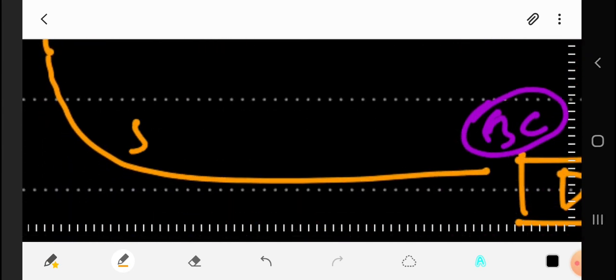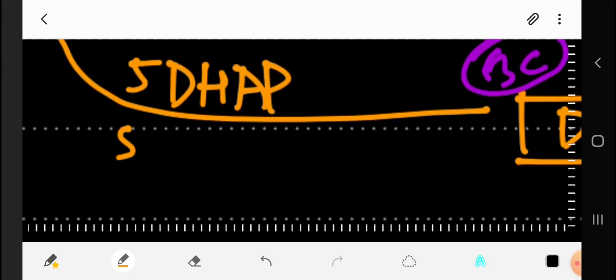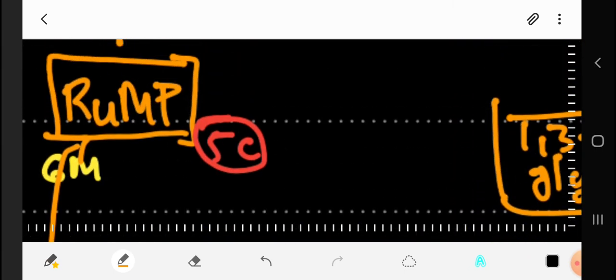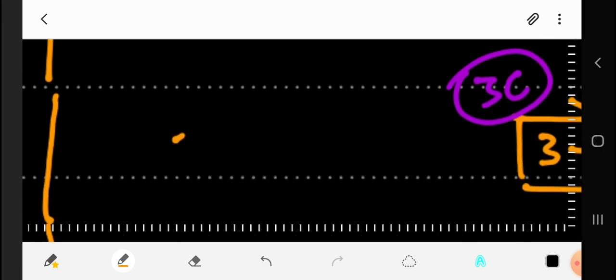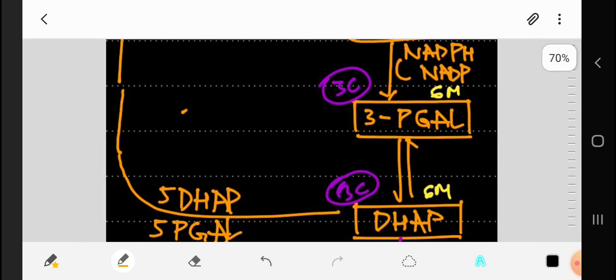So 5 molecules of DHAP and 5 molecules of PGAL together again give me RUMP. For giving one more 6 molecules of RUMP, I will need 5 molecules of DHAP and 5 molecules of PGAL. So this is all the Calvin cycle.